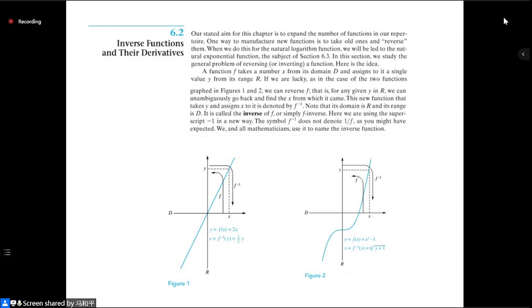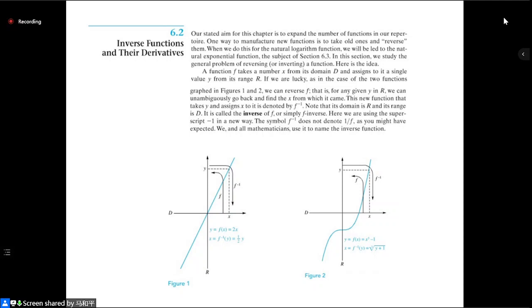One way to manufacture new functions is to take old ones and reverse them. When we do this for the natural logarithm function, we get the natural exponential function, the subject of section 6.3.